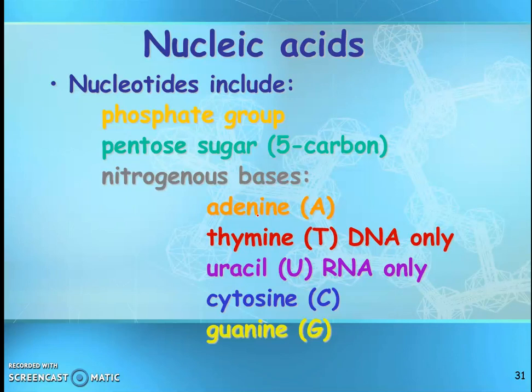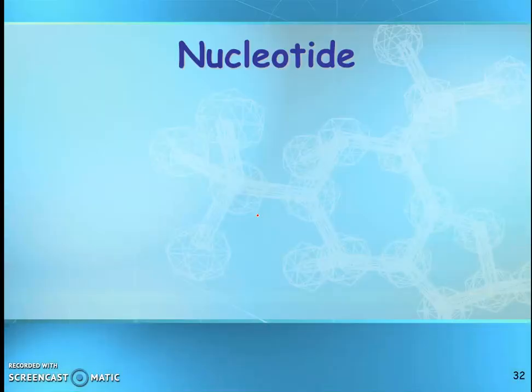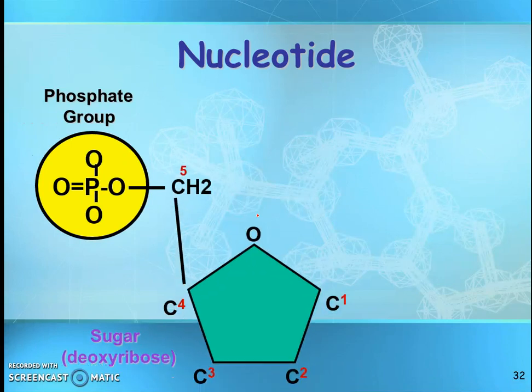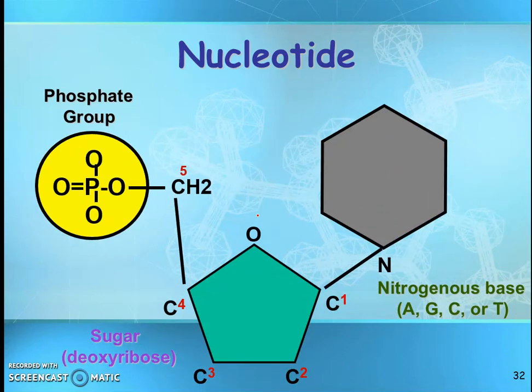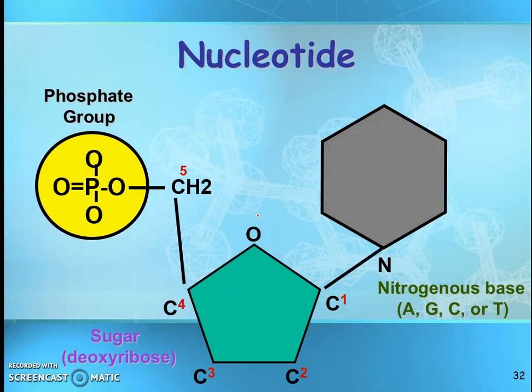In RNA, it's adenine, uracil, cytosine, and guanine. If you look at the structure of a nucleotide in more detail, there is a phosphate group, which is joined here, a sugar, which is deoxyribose, present in DNA, and a nitrogenous base.